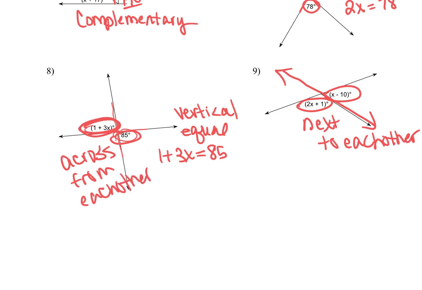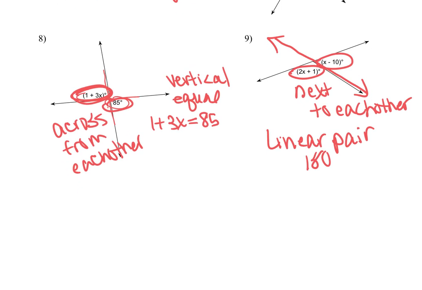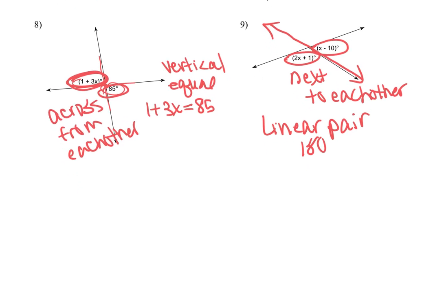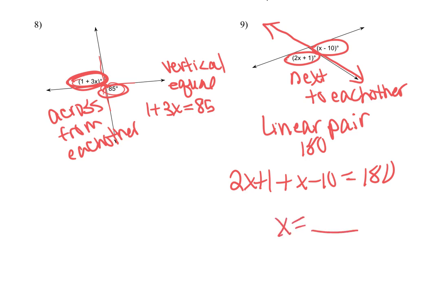Okay, so since they are next to each other, they are a linear pair. Together they make a straight line, which means they're going to add to 180 degrees. So we are going to do our two parts, 2x plus 1 plus x minus 10 equals 180 degrees. And again, combine our like terms and solve for x.